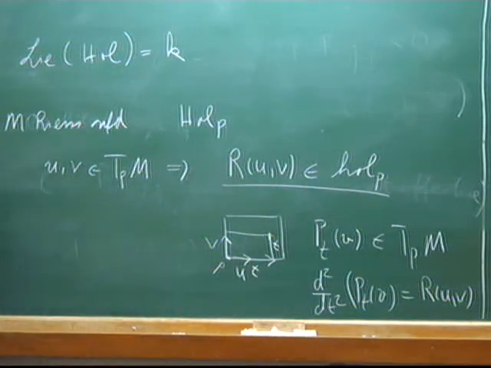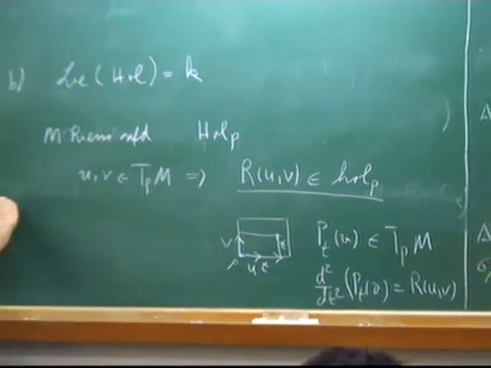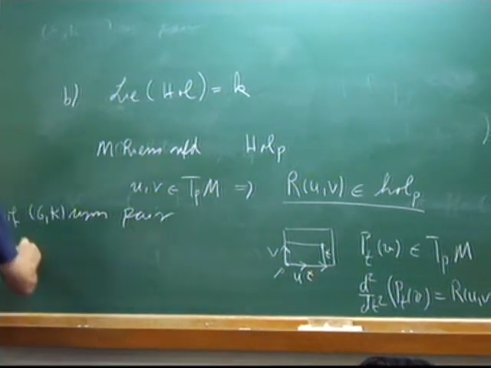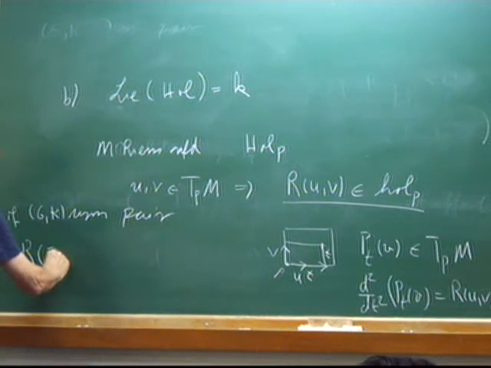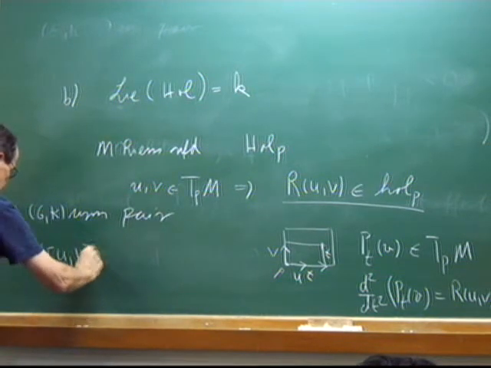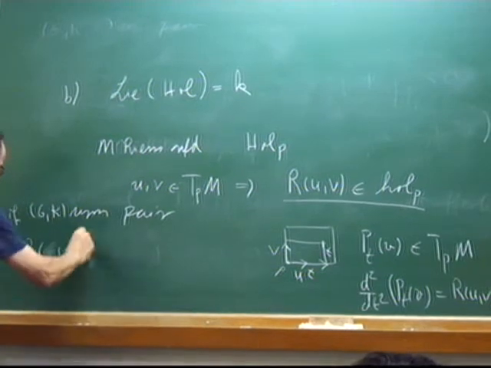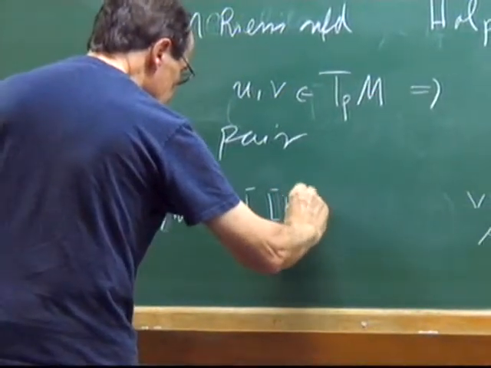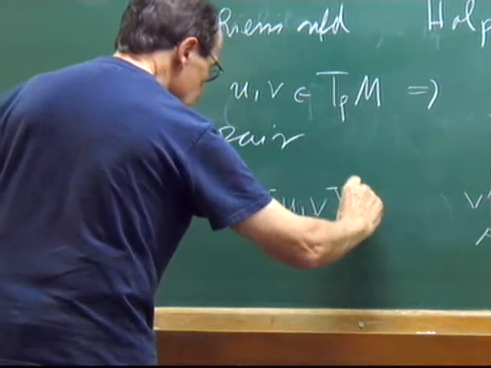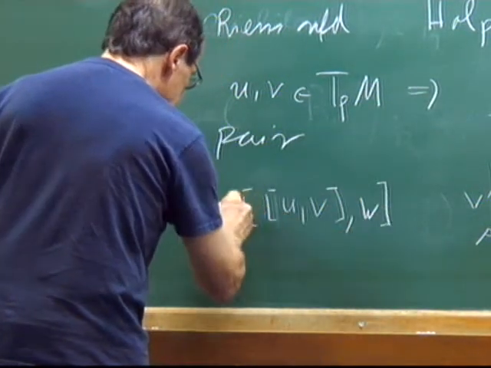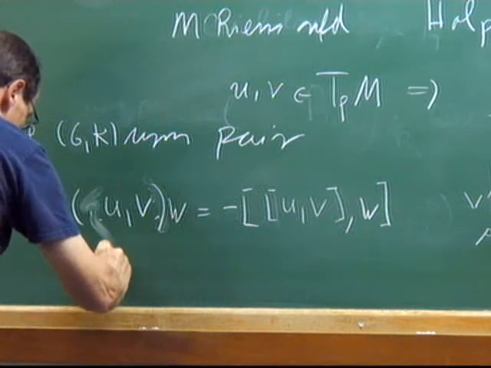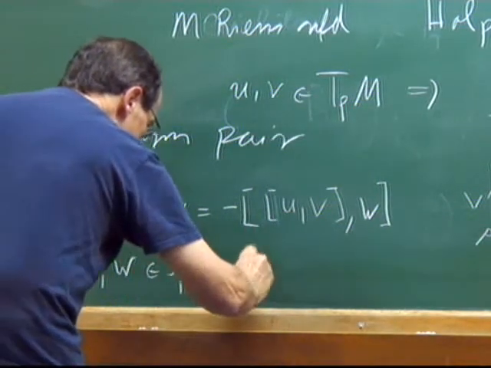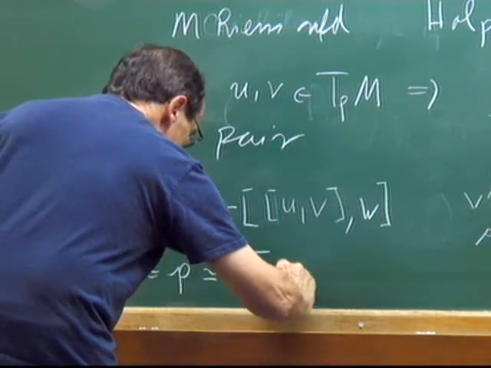We apply this to a symmetric pair. And then we proved last time what is the curvature tensor of a symmetric pair. Sorry. It was the triple Lie bracket, up to a sign, whenever U and V and W were in P. And this identifies as usual with the tangent space at the base point.